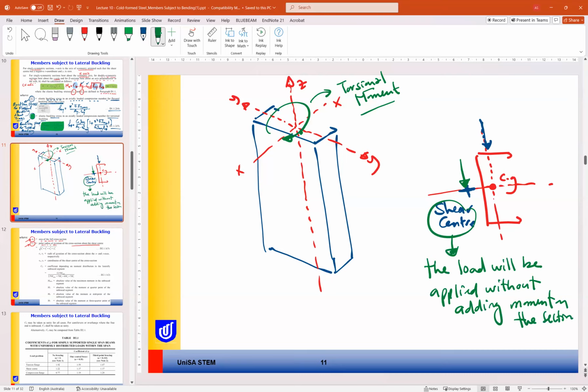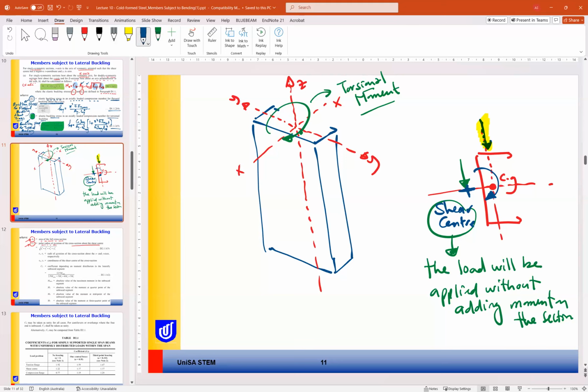If you apply the load here, let's make it with a highlight here, this load will cause additional moment on the section because the section geometry causes the section to be under moment.